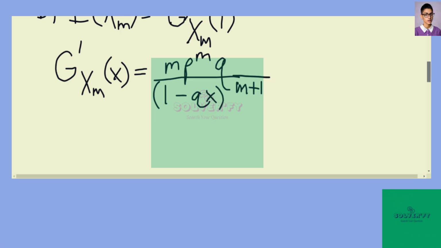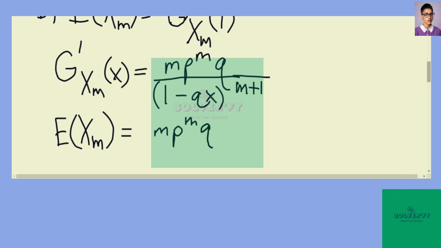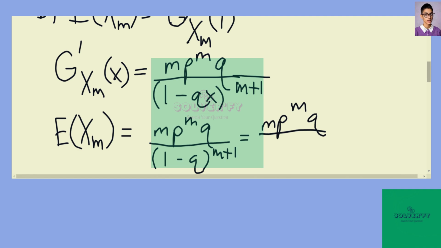And so it follows that the expected value of X_m is m p to the m q over (1 minus q) to the m plus 1. Recognize that 1 minus q is just p, so this becomes m q over p, our expected value.